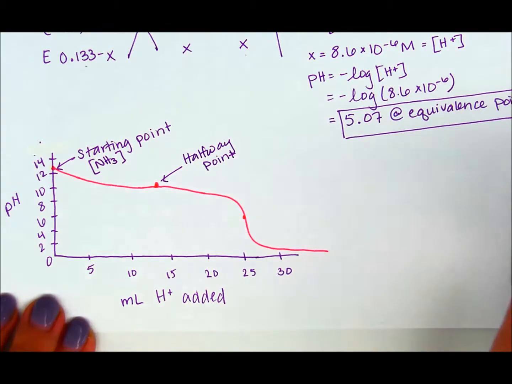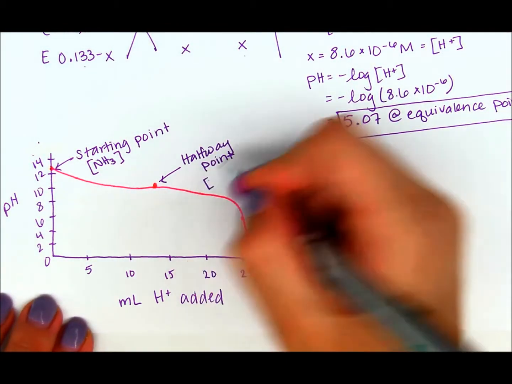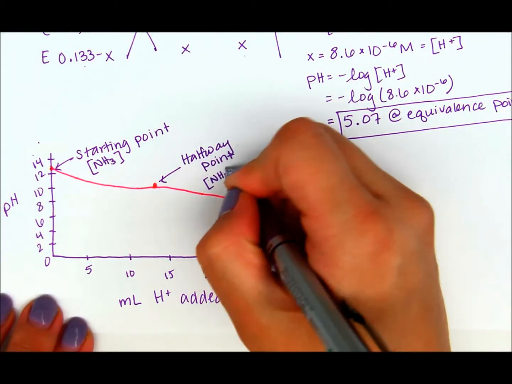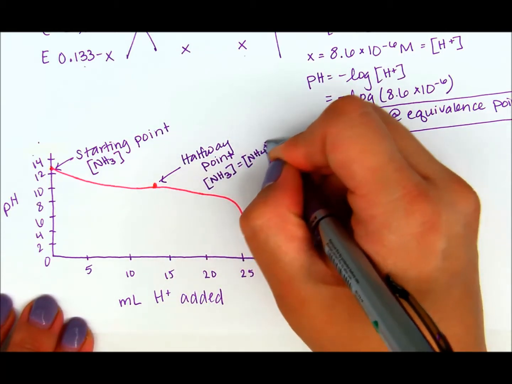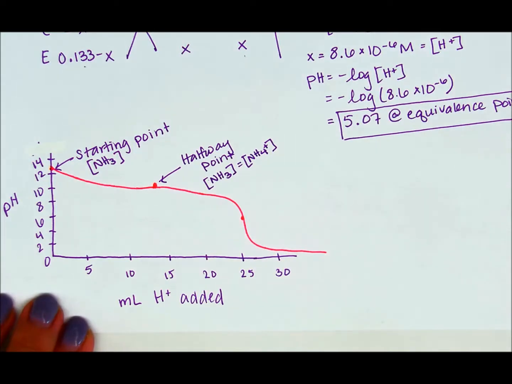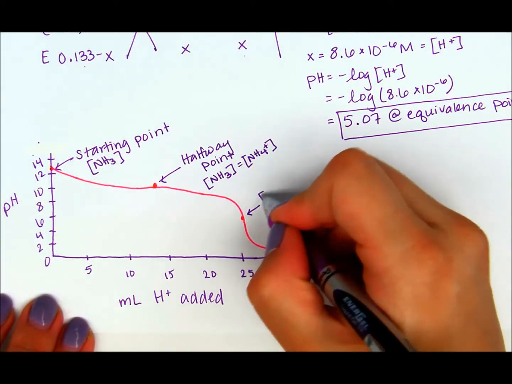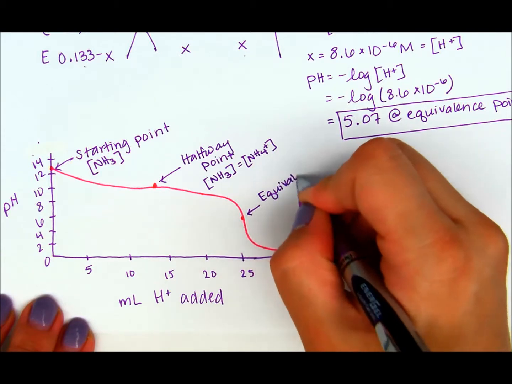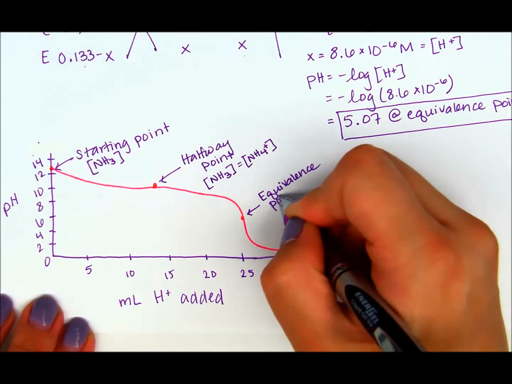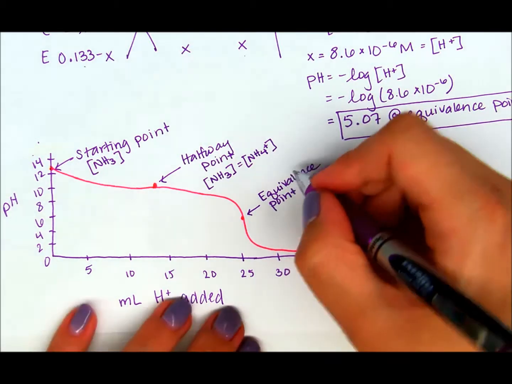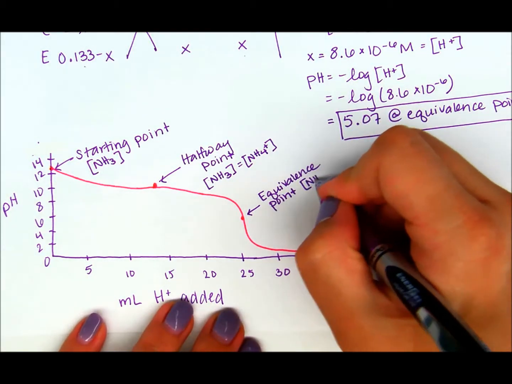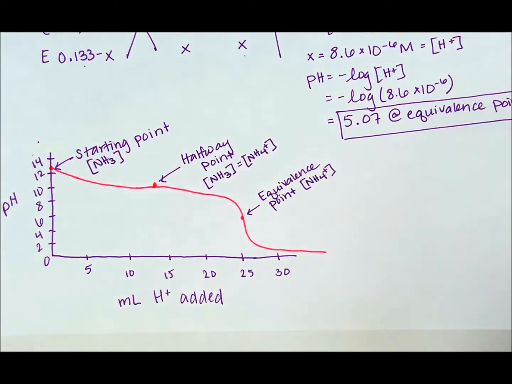And since you've titrated half the moles of your weak base, the concentration of your NH3 is equal to the concentration of ammonium, your conjugate acid. This is the equivalence point. And here you've titrated exactly all of your ammonia, so the only thing you have left is ammonium, or your conjugate acid. So that would be your titration curve for example number 3.